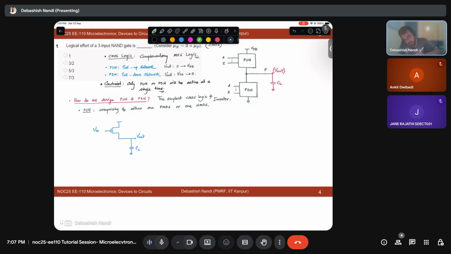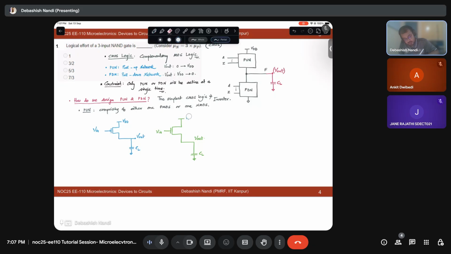Another case can be this. This is my CL. This is my NMOS. So why do I use the first one and not the second one? Can you tell me? You have to understand these things.